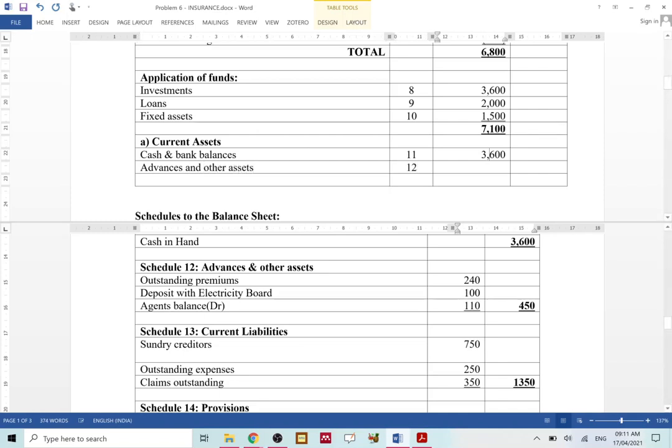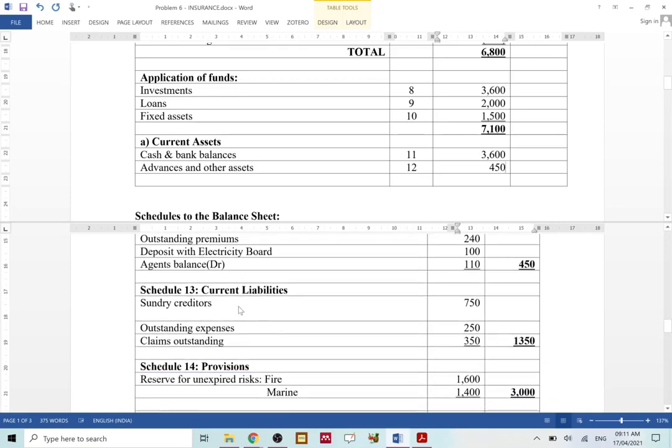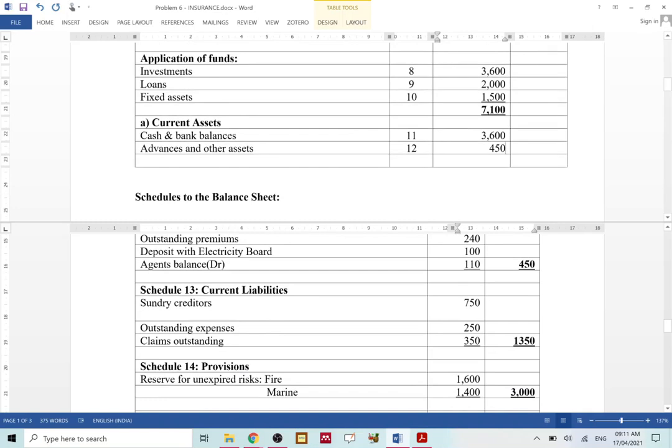Amount is 450. Okay, any other current assets? Then is current liabilities. So current assets end here with schedule 11 and 12. Okay, so get the subtotal. We'll call this the subtotal. Okay, and the bracket A.